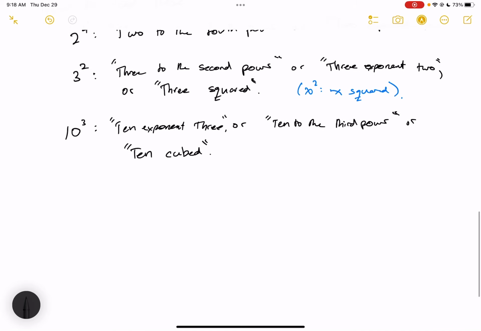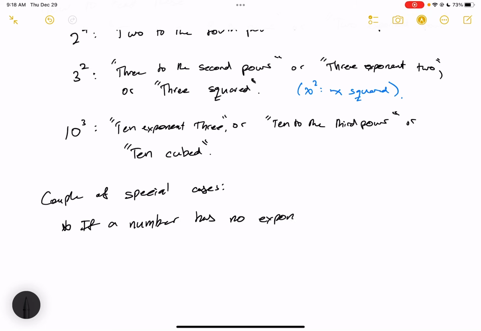Now, before I move on from the basics, I do have a couple of special cases, ones that we're going to run into quite a bit. For instance, if any number has no exponent, then it has an unwritten exponent of 1.